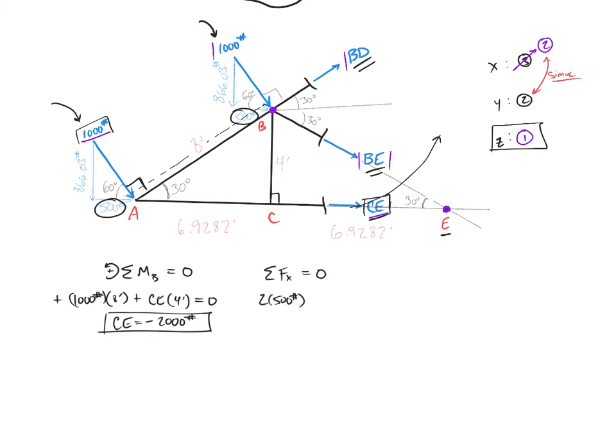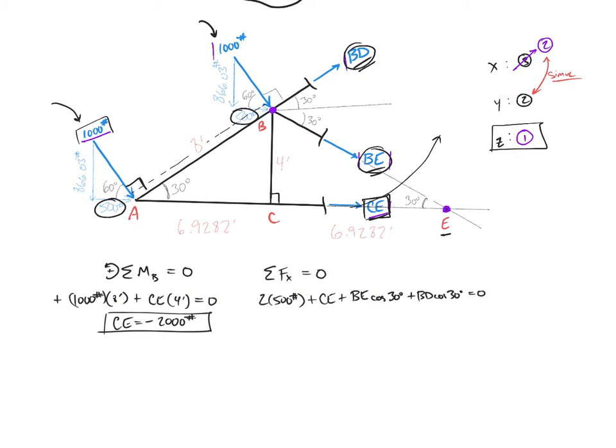Okay. Let's see. I've got CE right here plus CE, and then I've got BE, or the X component of BE, which is BE times the cosine of that 30 degrees, and then plus the X component of BD, BD times the cosine of 30 degrees equals 0.